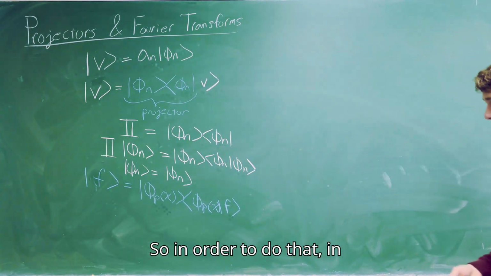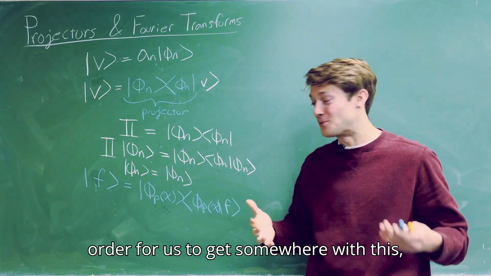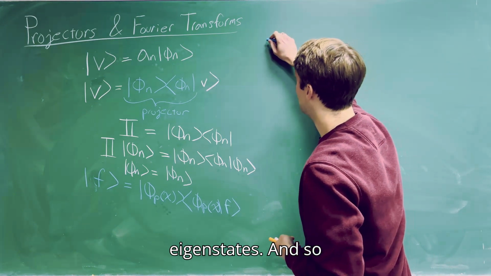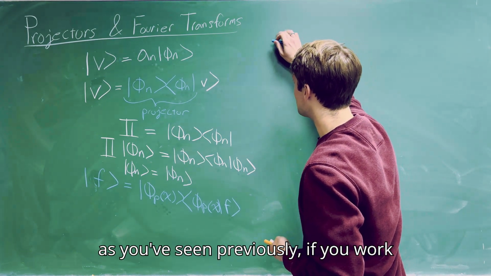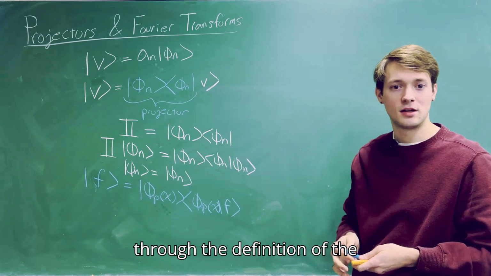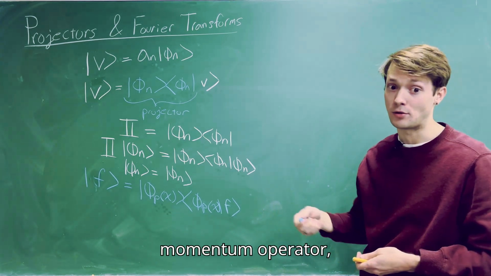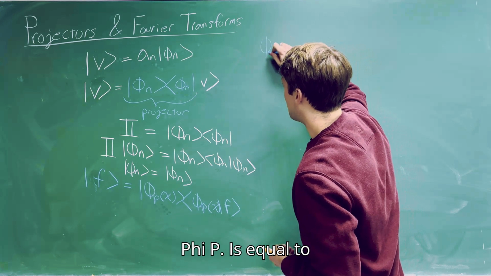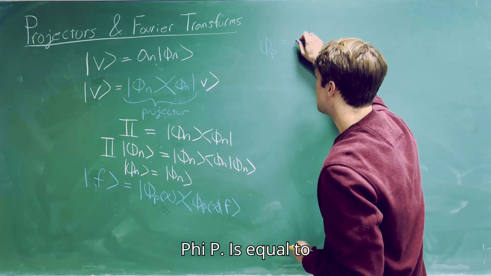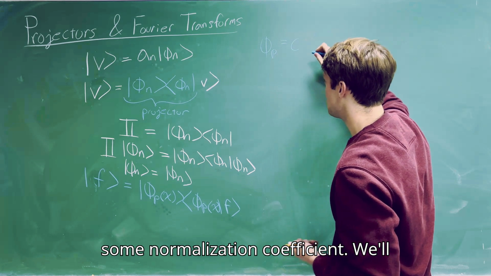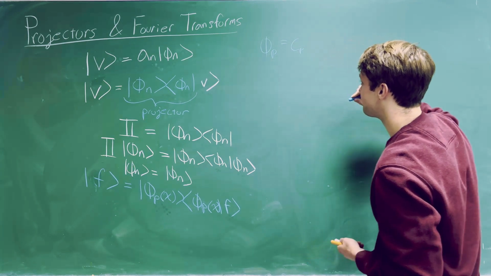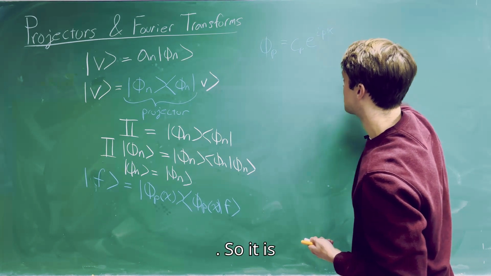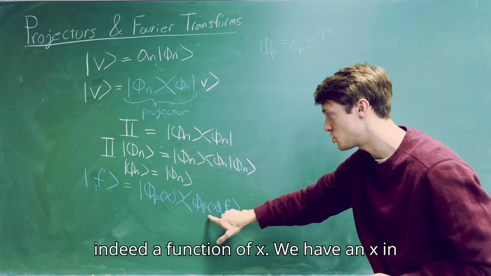So in order for us to get somewhere with this, we're going to need a form for these eigenstates. And so, as you've seen previously, if you work through the definition of the momentum operator, you could find that phi p is equal to some normalization coefficient, we'll call this C_p, times e to the i p x. So it is indeed a function of x.